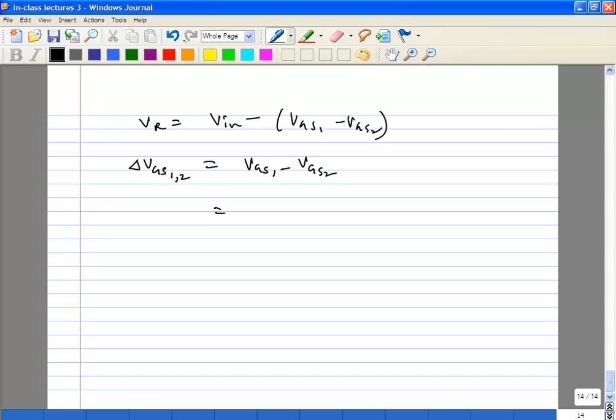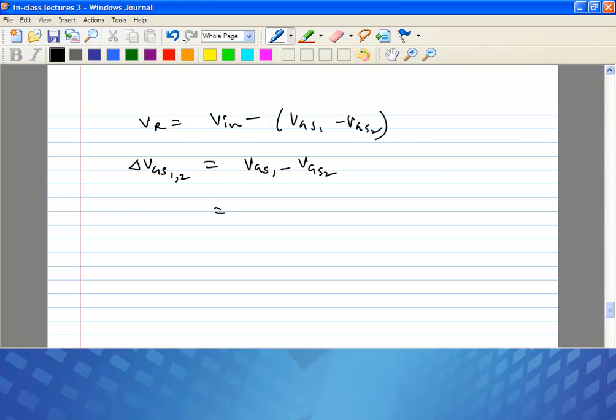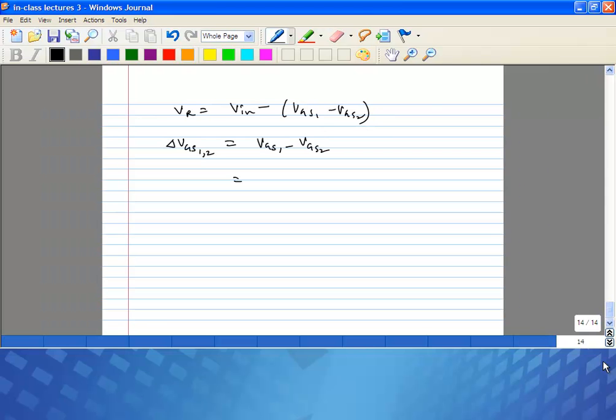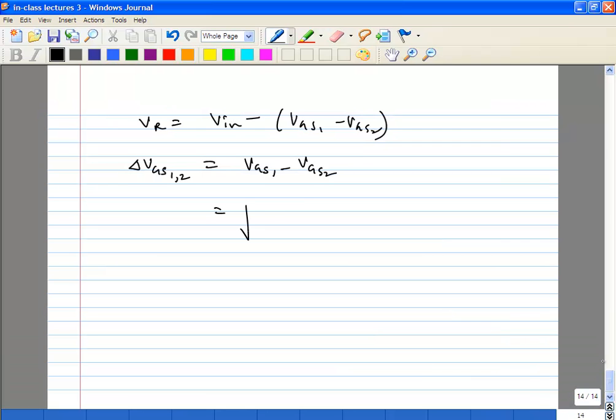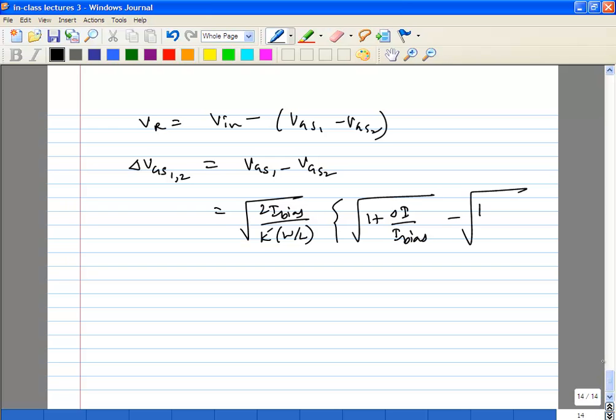And you can write it in terms of your I bias, W over L and everything, and the approximation you're going to make is, okay, 2, so you'll get something like this.